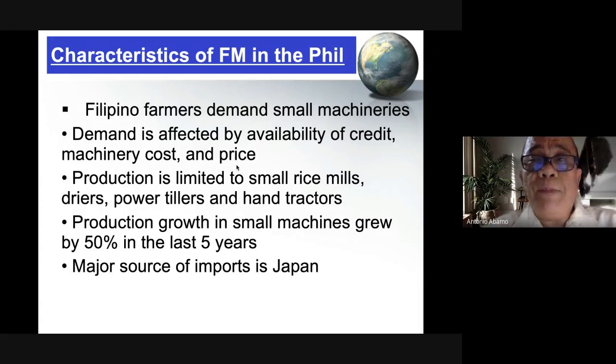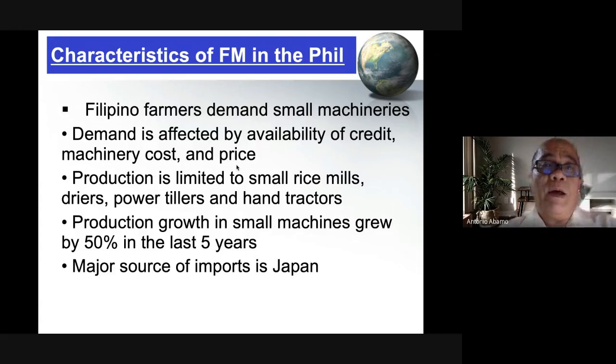We don't manufacture the engines in the Philippines, we only manufacture or develop the equipment that goes with the engine, and the engine is the most expensive, but we need to import them because it's not made in the Philippines. We do not have the manufacturing capability to make an engine or the prime mover. The major source of import, of course, is Japan.